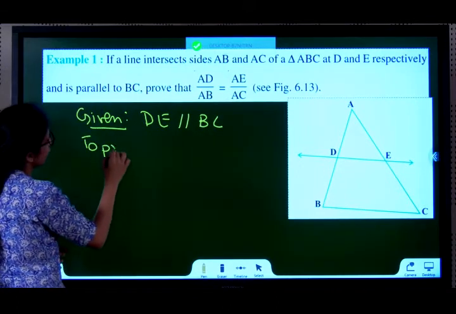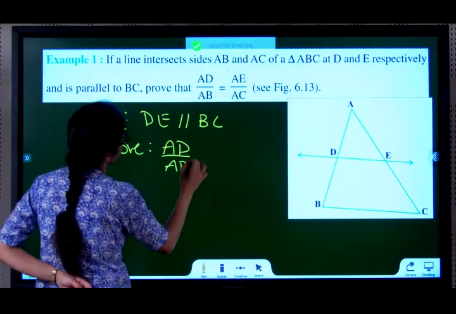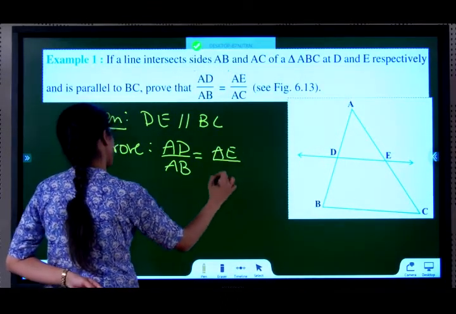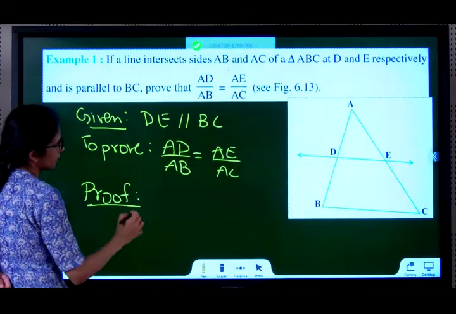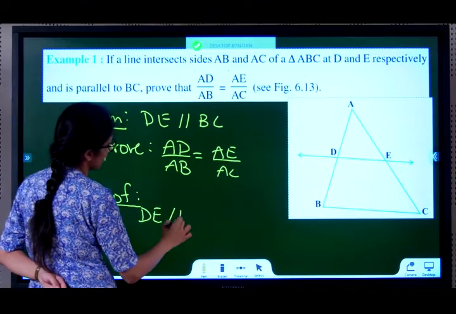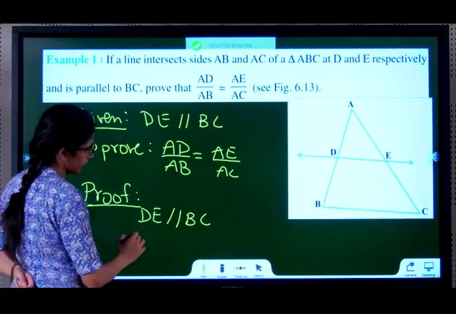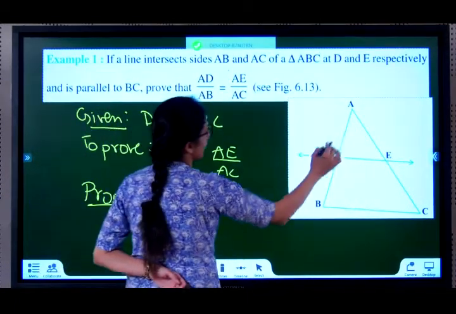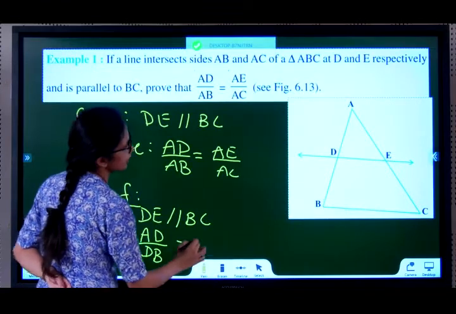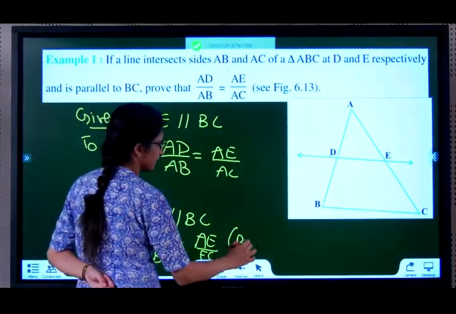And we have to prove AD by AB is equal to AE by AC. Proof: since DE is parallel to BC, I can therefore say AD by DB is equal to AE by EC. Why? Using BPT.